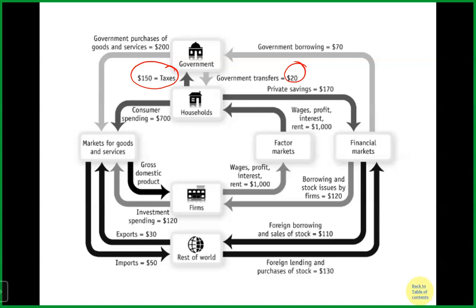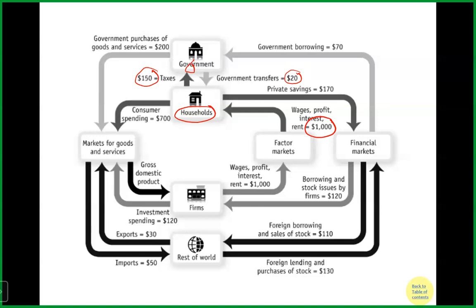First, households are going to receive income of 1,000, right? So maybe using this part is better. Households receive income of 1,000. So this is households' income. Government receives 150. That's government's income. And the government gives households $20 of transfer, and you can say that's part of the income of households.